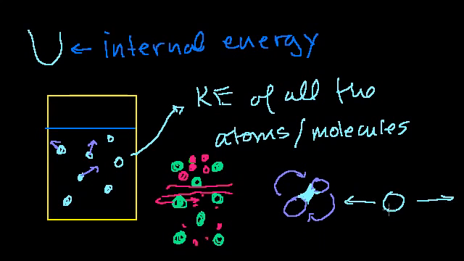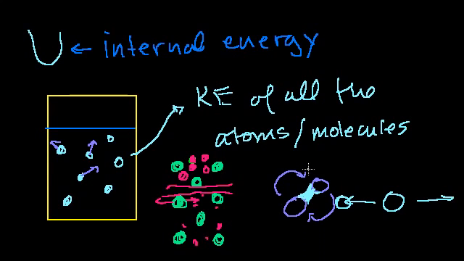When it's in the middle point, it has a lot of kinetic energy. But at this point right here, when it's about to go back, it's completely stationary for a super small moment. And at that point, all of its kinetic energy is potential energy. And then it turns into kinetic energy, then it goes back to potential energy again. It's kind of like a pendulum, where it's actually harmonic motion.